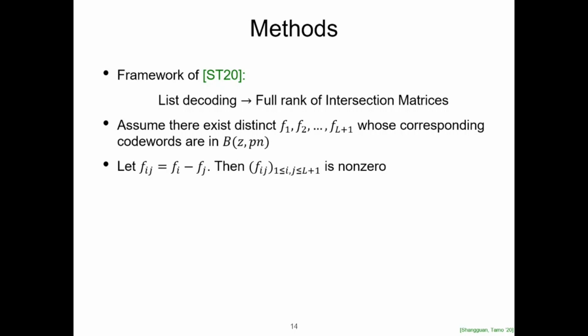And let's define f_ij to be f_i minus f_j for every i and j. Then the vector consisting of all these pairwise differences must be a non-zero vector because polynomials f_i are distinct.